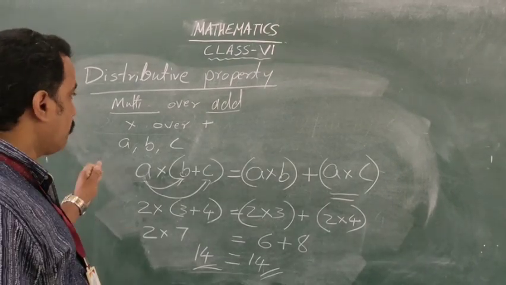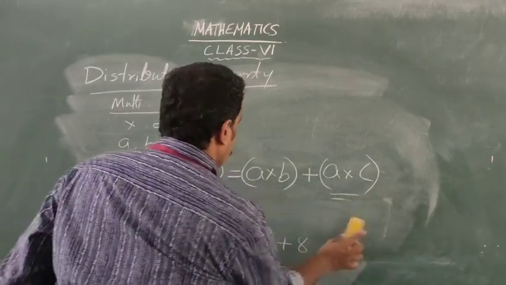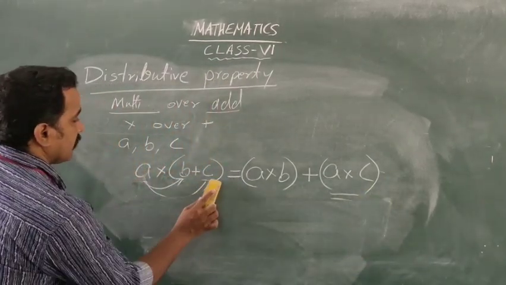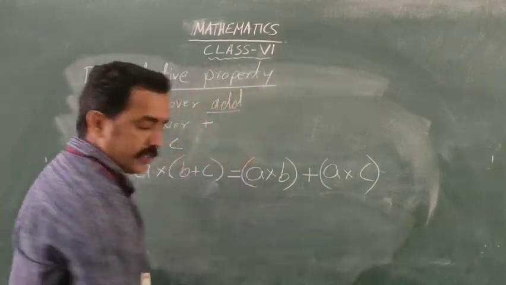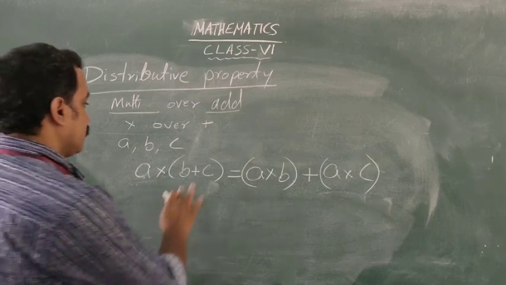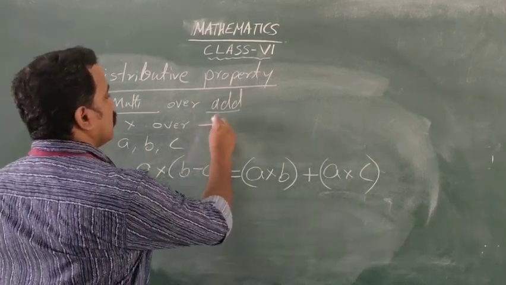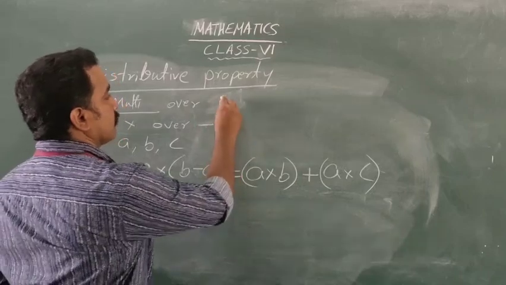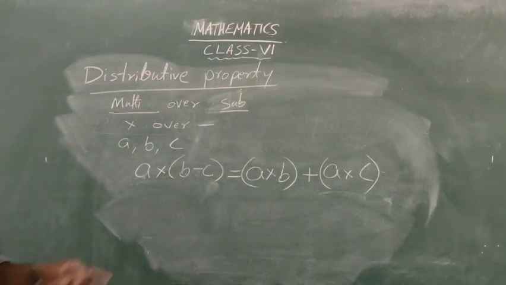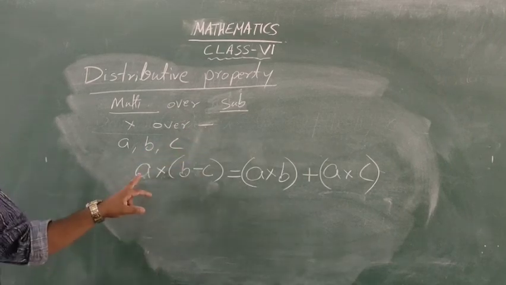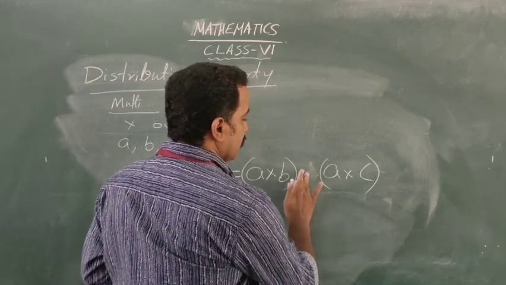Property of multiplication over subtraction also exists. That also we can check. In that case, in the place of addition, it will change into subtraction. That's only the difference. So multiplication over subtraction: a into b minus c is equal to, what is the difference?